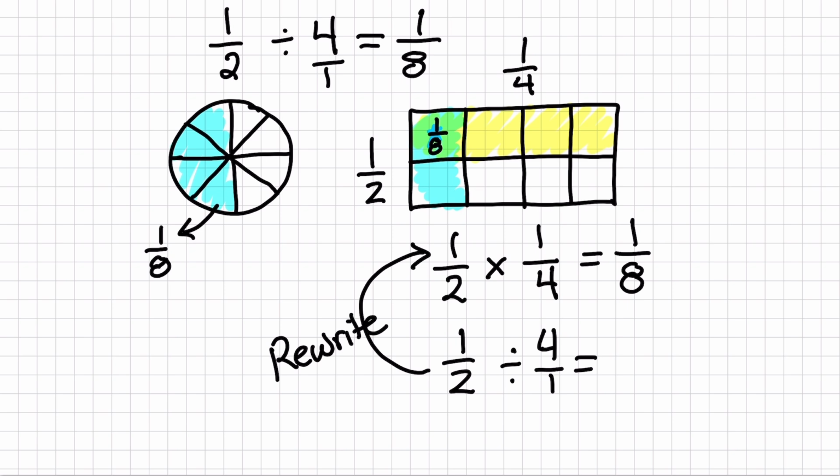Rewrite your division problem as multiplication. Okay, and that means we're going to take this part over here, this whole number 4, and we're going to flip it over. This is called a reciprocal.